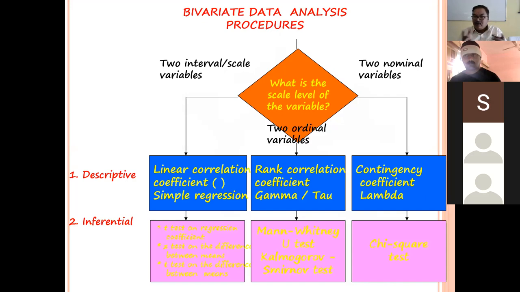Some of you may know this, and many of you have already done your PhD. The correlation coefficient will always be between -1 and +1. The lower limit of the correlation coefficient is -1, and the upper limit is +1. -1 is a perfect negative relationship. +1 is a perfect positive relationship. 0 means no relation, null relation. If the coefficient sign is negative, but it is not 0 and not -1, it is in between -1 and 0, meaning there is a relative negative correlation between the two variables.